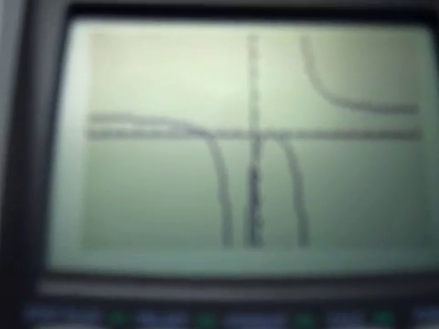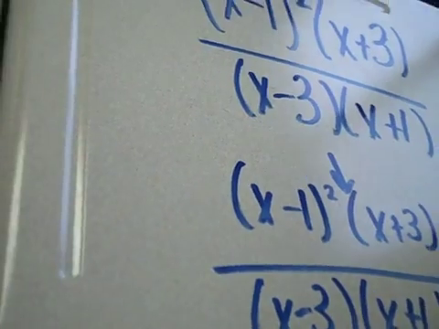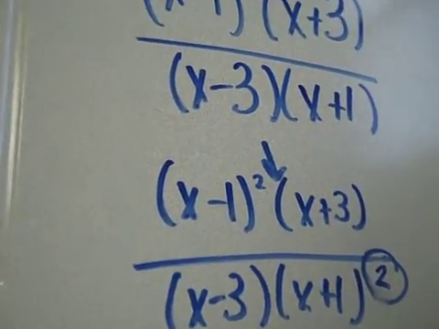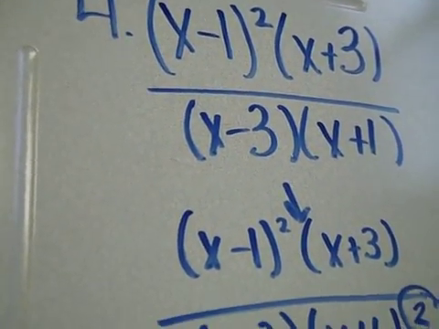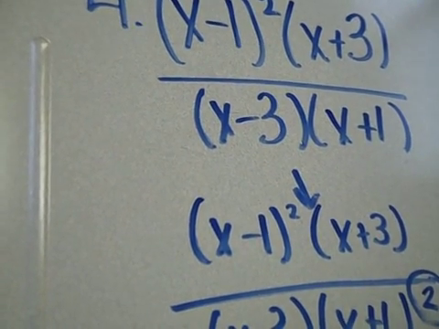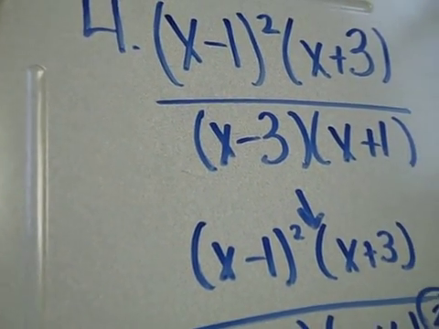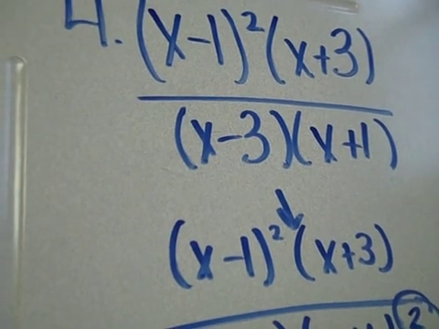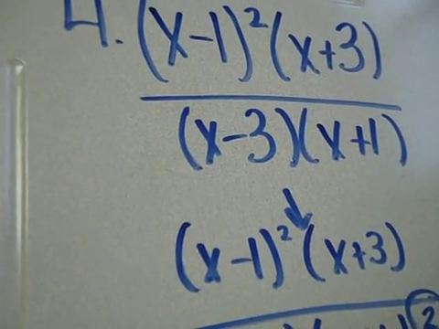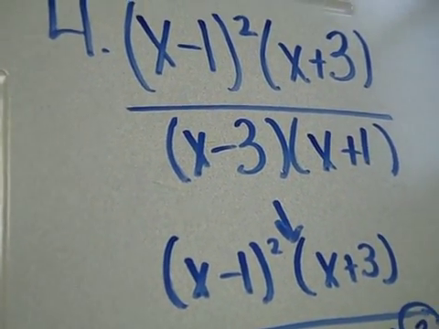Thank you. Alright. Number 4, how can you account for the fact that the graph of the function goes to -infinity on both sides of one vertical asymptote, and at the other vertical asymptote it goes to -infinity on one side and to infinity on the other? Can you change the denominator in some way to account for this?